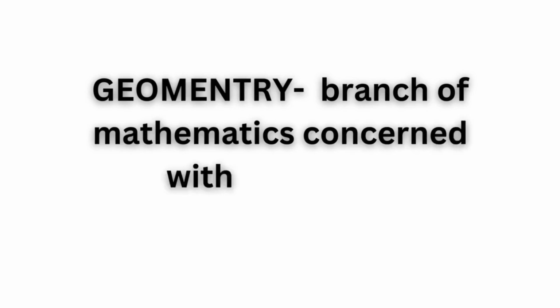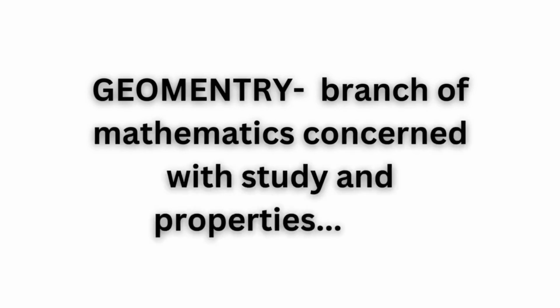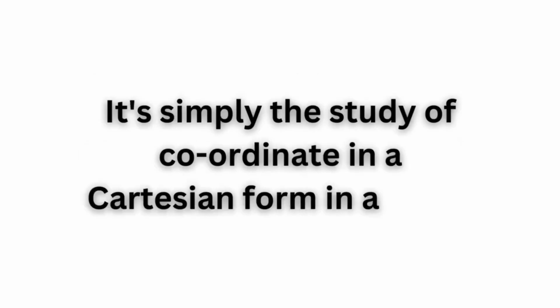Geometry is a branch of mathematics concerned with the study of properties, just like geography, the description of it. So talking about the properties of something means geometry, the study of something. So coordinate geometry is simply the study of coordinates in a Cartesian form.